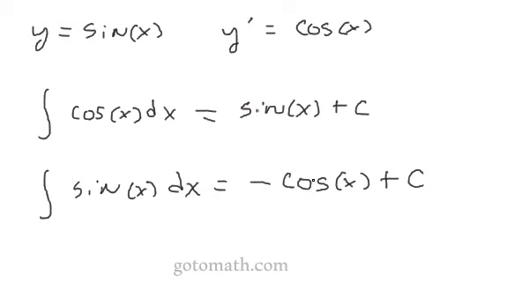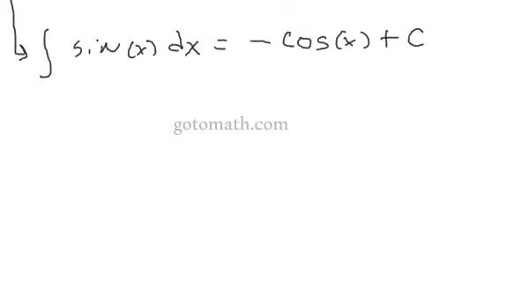So if we take the derivative of cosine x, remember the derivative was negative sine x, so that negative and the negative will cancel out and you'd just be left with sine x. So you're going to have to memorize these guys, the integral of cosine x and the integral of sine x, right? I know this could be confusing right now, but man, the only way you're going to learn this stuff is you're going to have to work a lot of problems. Okay, and once you do, you'll get it down, I promise.